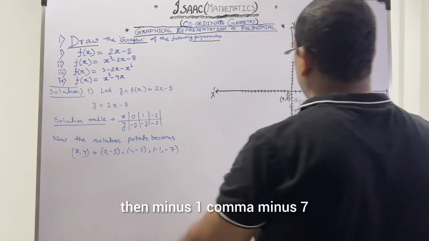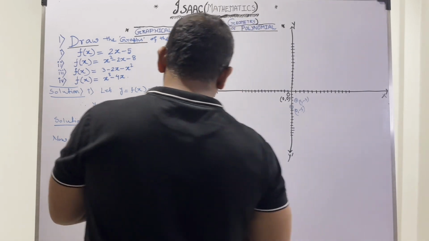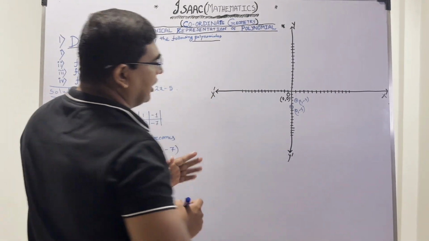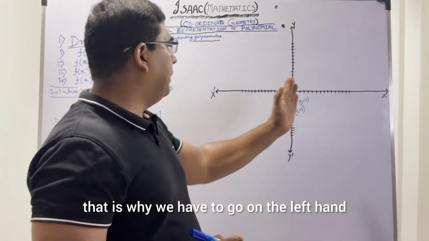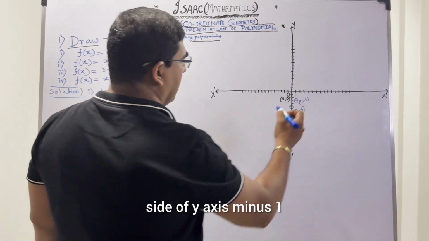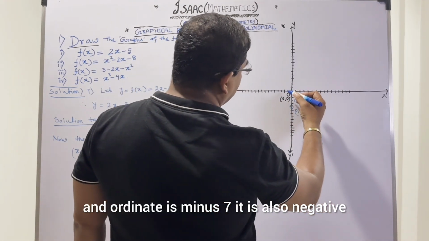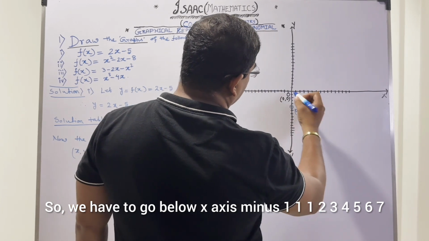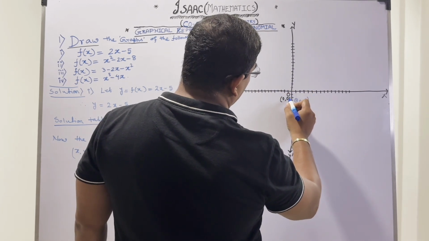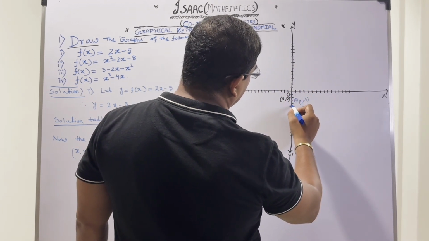Then (minus 1, minus 7). The abscissa is negative, that is why we have to go to the left hand side of the y axis. Minus 1, and the ordinate is minus 7. It is also negative, so we have to go below the x axis: 1, 2, 3, 4, 5, 6, 7.